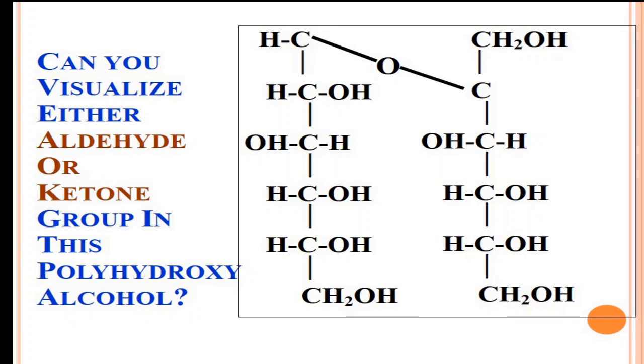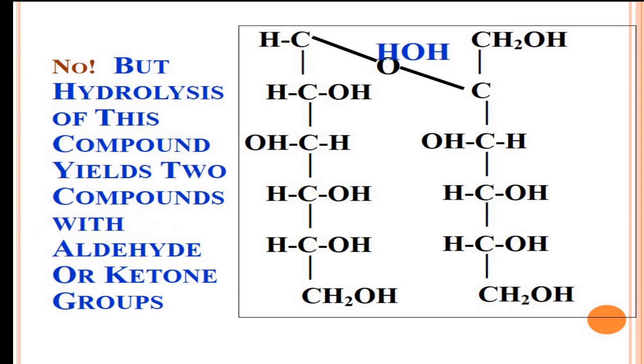But if we do the hydrolysis of this molecule, what we will get is two molecules, and one molecule will contain a carbonyl group, that's aldehyde, shown on the left side, and the other one will contain a carbonyl group, that is the keto group.